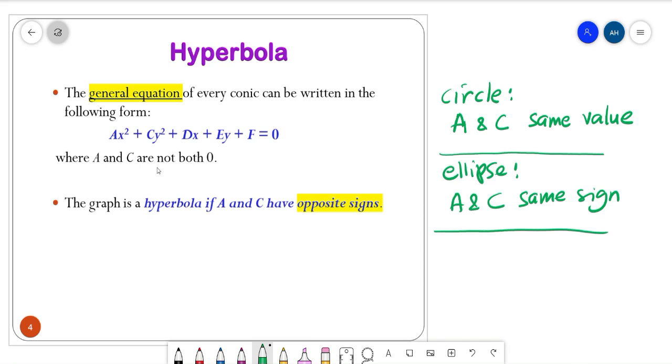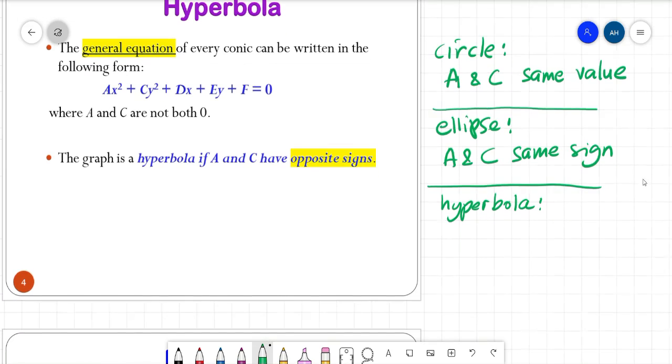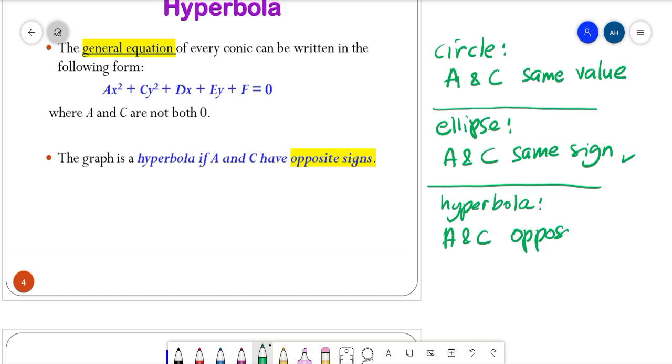The next one is the hyperbola. That is the shape that we are going to discuss in detail in this video. For a hyperbola, if in an ellipse a and c have the same sign, now in a hyperbola, a and c must be of opposite sign.